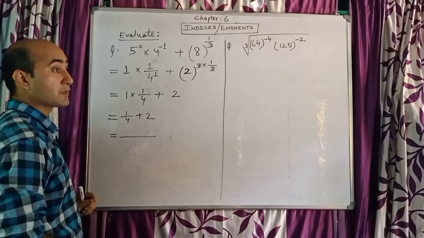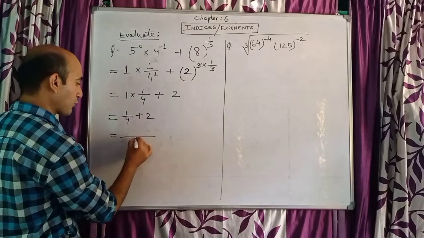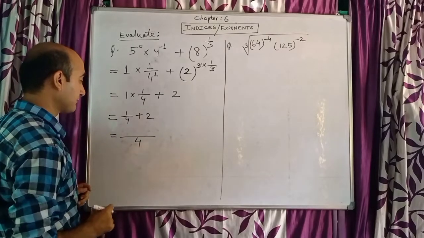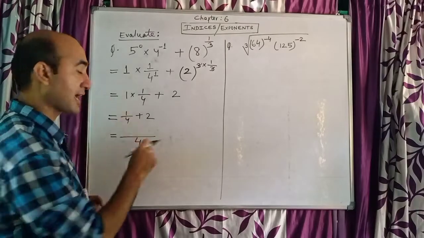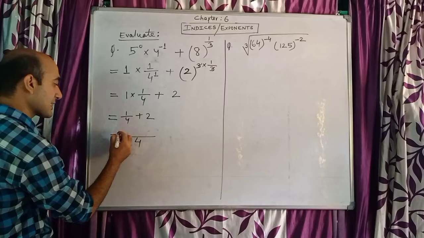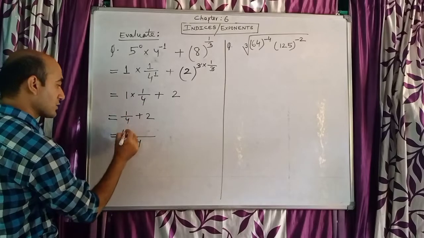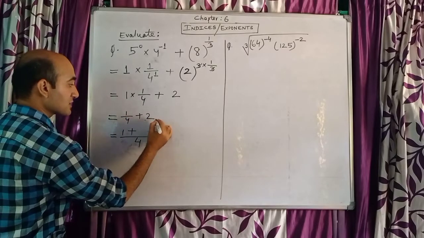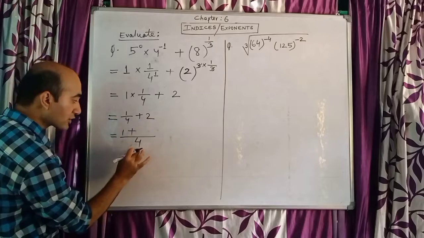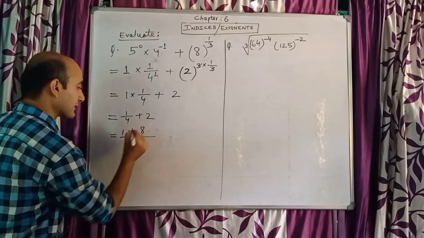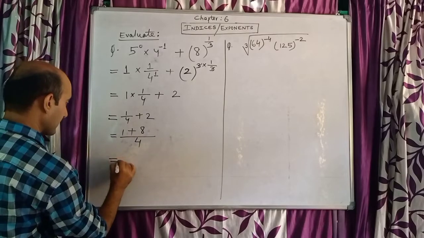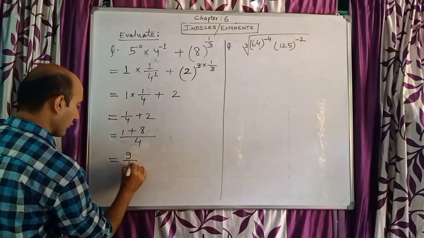Because of this fraction, you have to add by doing LCM. 4 ones are 4, so 1 into 1 is 1. Now below this there is actually 1, so 1 into 4 is 4. 4 twos are 8. So our final result is 9 by 4.